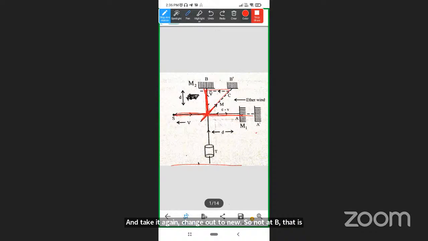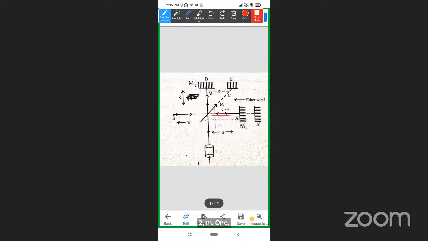So the reflected light from glass plate M reaches the M2 mirror not at B but at B dash, and comes back to the mirror M. So the total time taken, let us consider, is T. Here you can observe the transmitted light travels from the glass plate M to the M1 mirror.